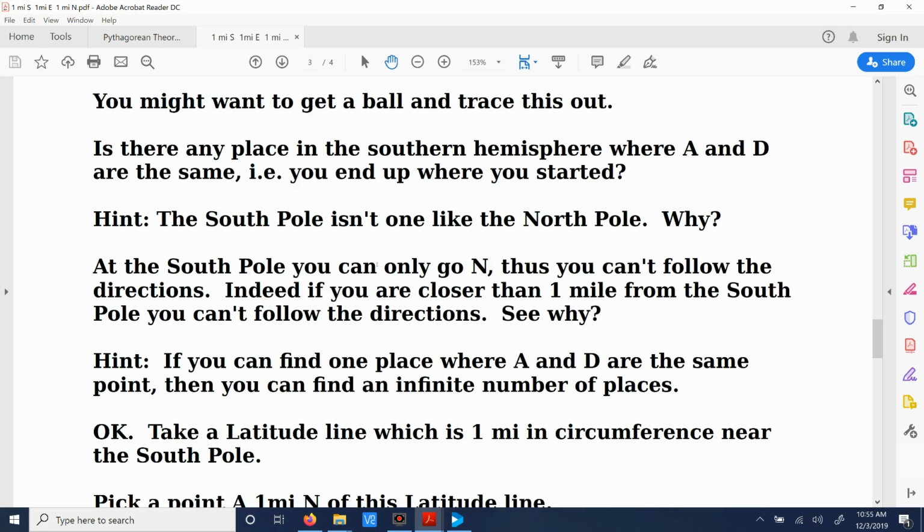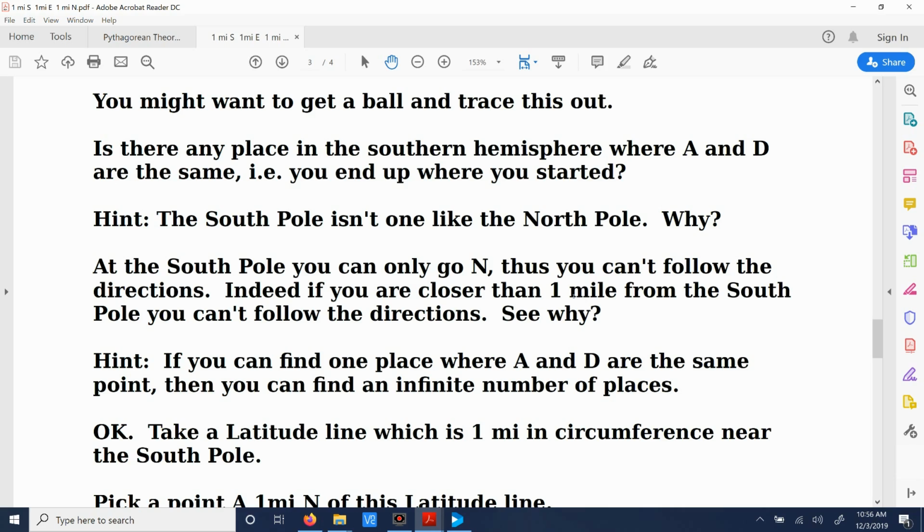In fact, here's a question I didn't ask. Are there any places on Earth where you cannot follow these directions? And the answer, of course, is yeah, there's an infinite number of places. If A is closer than a mile from the South Pole, you can't follow the directions. Why? As soon as you get to the South Pole, you can't go. The only way you can go is north. You can't go east.